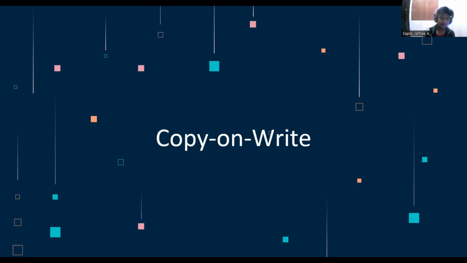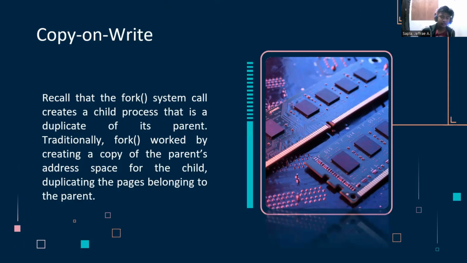This technique provides rapid process creation and minimizes the number of new pages that must be allocated in the newly created process. Recall that the fork system call creates a child process that is a duplicate of its parent. Traditionally, fork worked by creating a copy of the parent's address space for the child, duplicating the pages belonging to the parent.